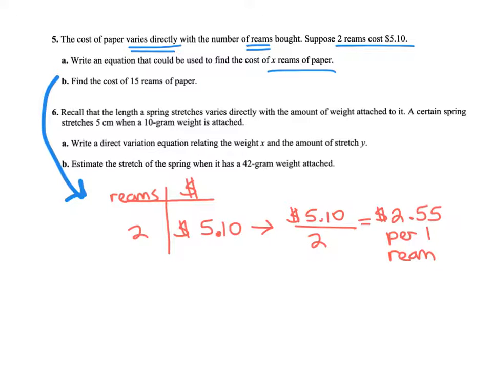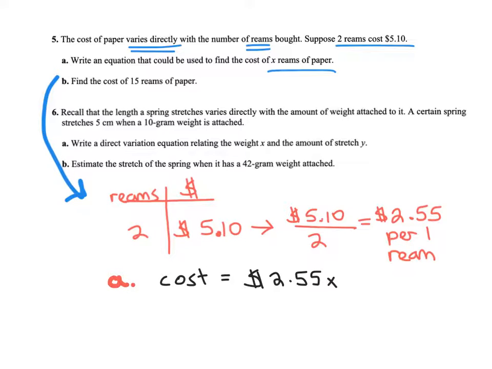Okay, so part A is said to write an equation. So basically, what my equation is going to be is that my cost, or my total cost, is going to equal $2.55 times however many reams of paper that I buy.